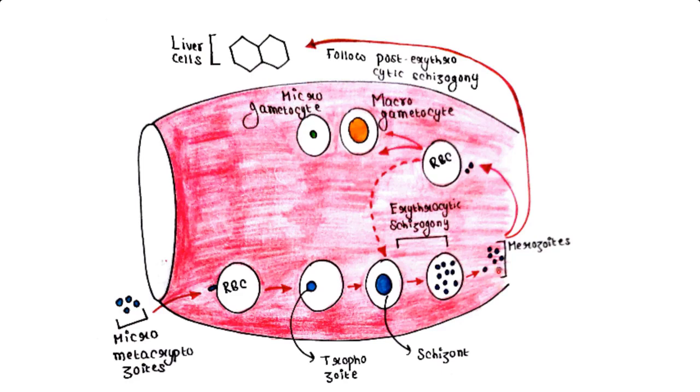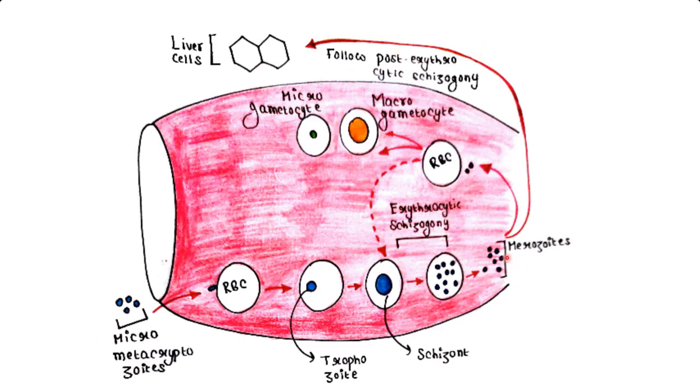Now, merozoites are free in the blood plasma and they enter new erythrocytes. Then they repeat the erythrocytic schizogony. Again, they do it just to increase the cell number in the host.